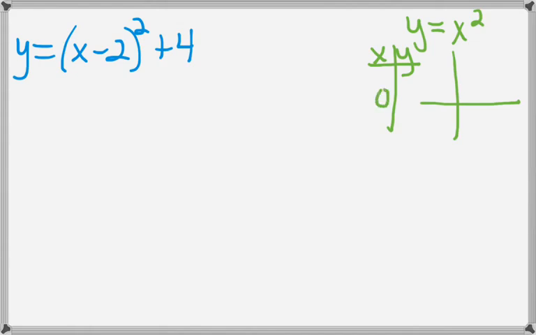I would always say always plug in 0 and a positive number and a negative number, except for square root, because you can't use a negative value there. And so x squared is a parabola, opens up, vertex at the origin. Forgot to fill in my y values there.